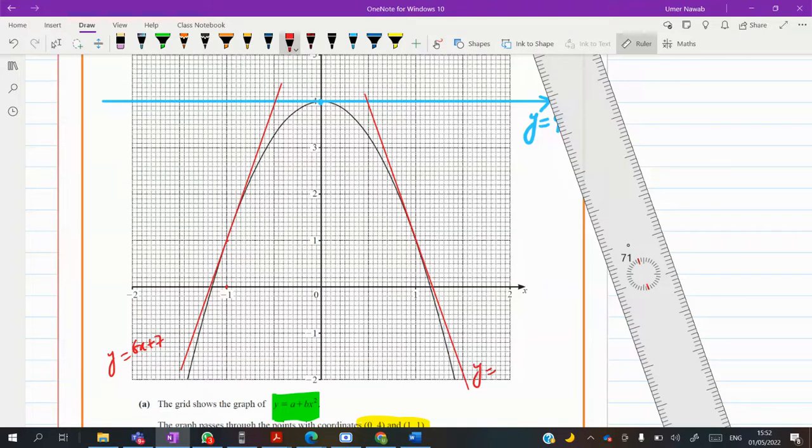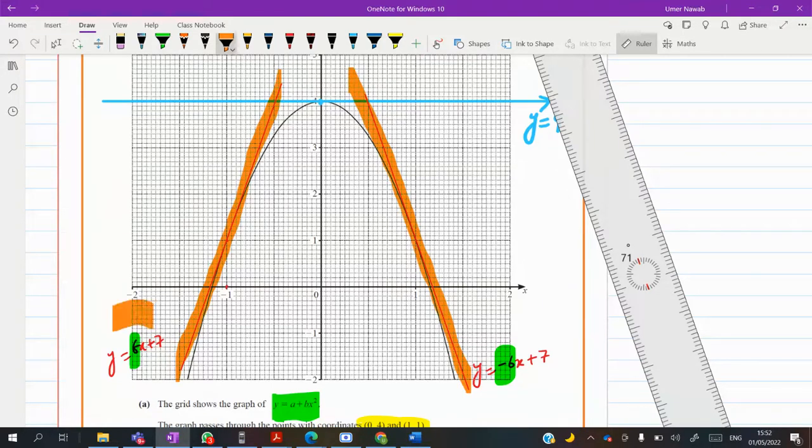So basically, this is y is equal to 6x plus 7, and the equation which we want to write at x is equal to 1, only the gradient will change its sign. So it becomes minus 6x plus 7. The y-intercept stays the same. So I use the symmetric property of the parabola, that the two tangents, one tangent which you draw here, the other tangent you draw here.